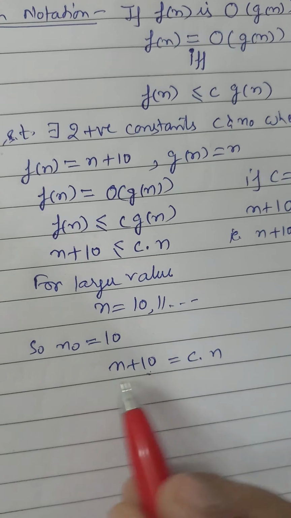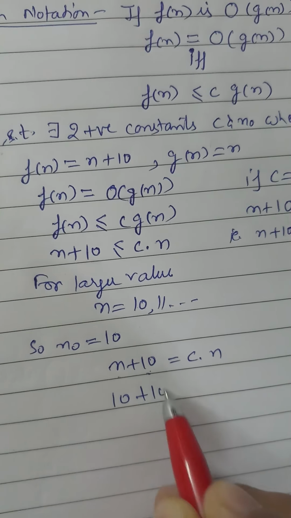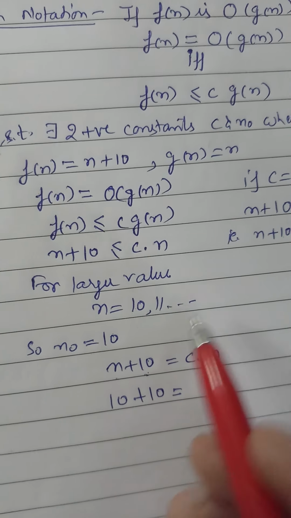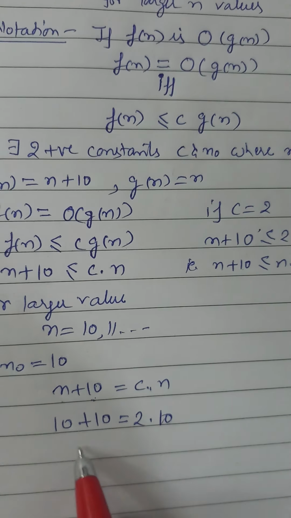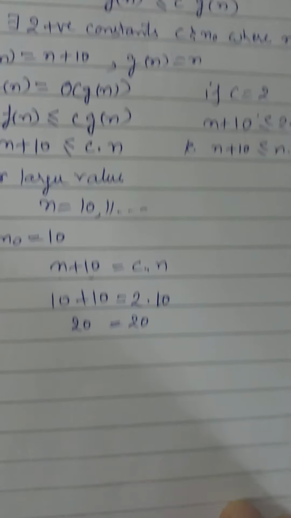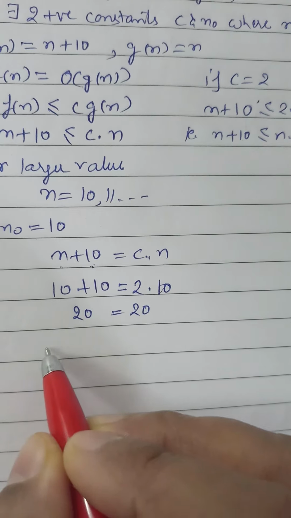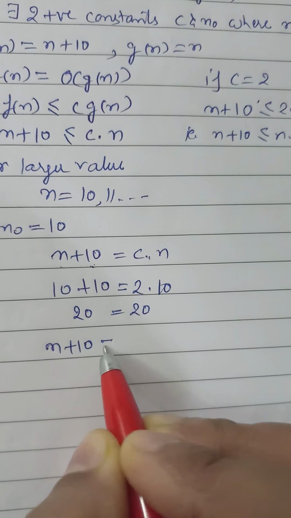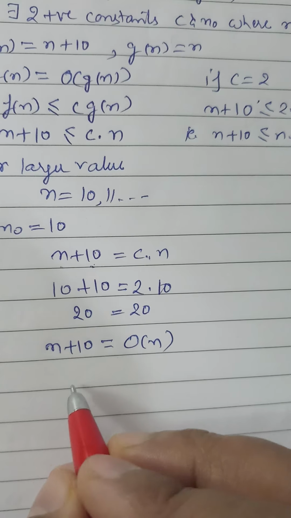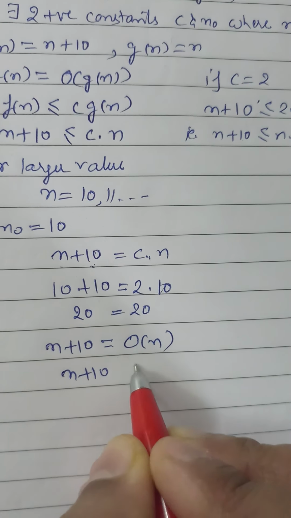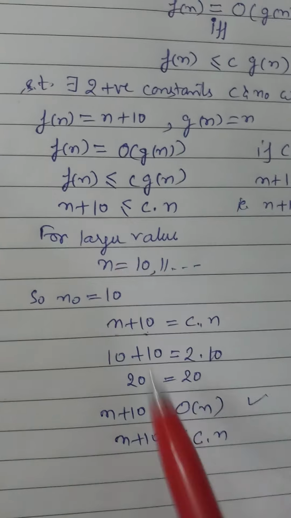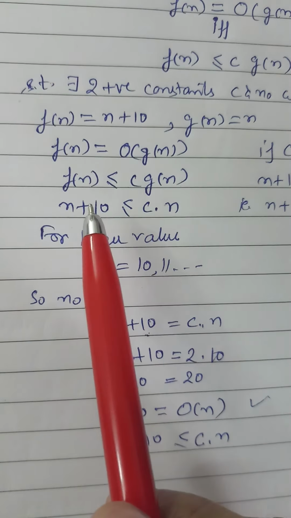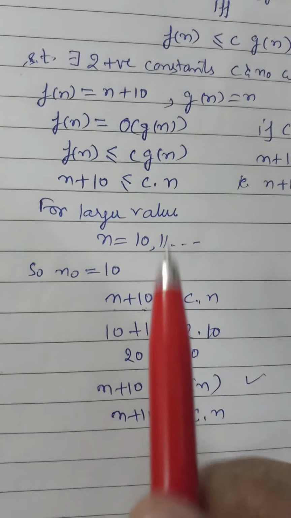If we put n equal to 10, 10 plus 10 equals, as we have taken c equal to 2, 2 times 10, so simply 20 equals 20. So it proves that n plus 10 is order of n, or n plus 10 is less than or equal to c n, and F(n) is less than or equal to c G(n).